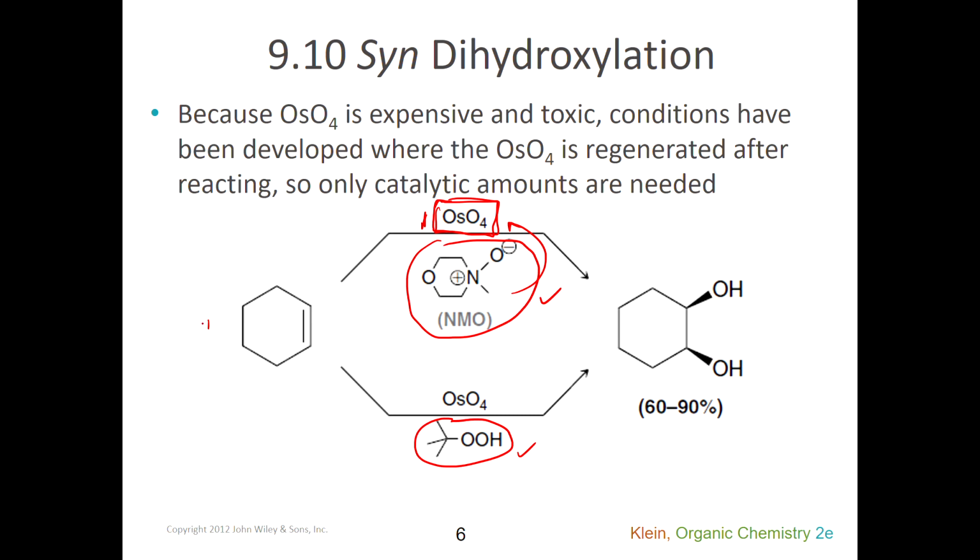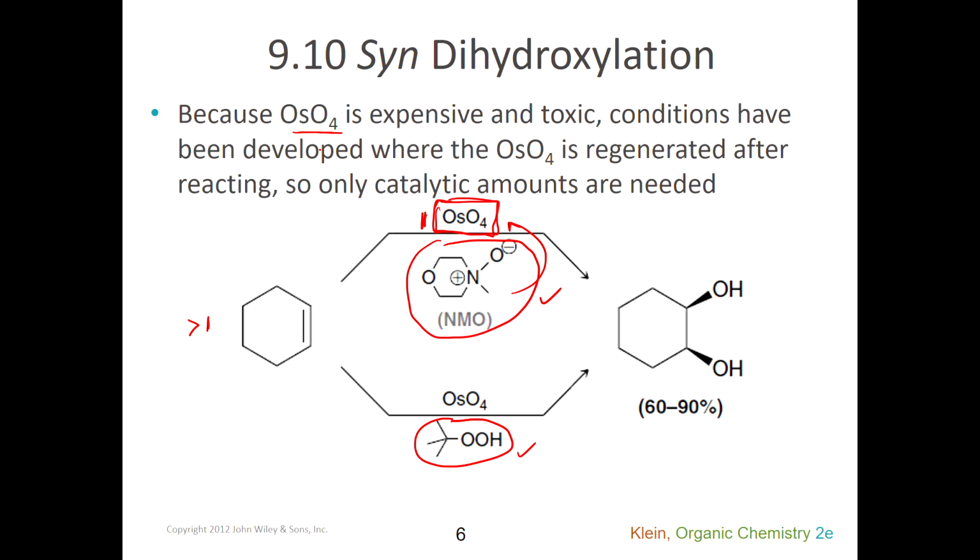So a lot more than 1 mole of alkene can react per 1 mole of osmium tetroxide if the osmium tetroxide is regenerated after every reaction it undergoes. And so that helps to ensure that we're using less of the expensive, toxic reagent.